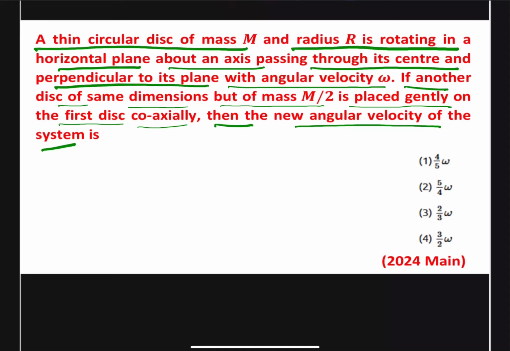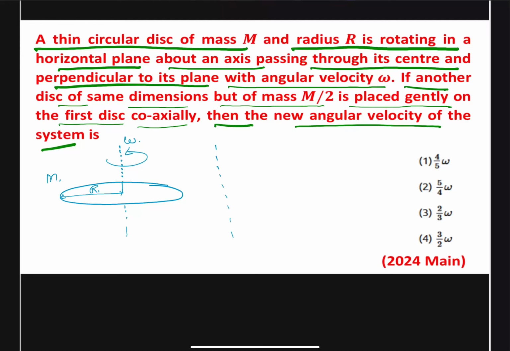So we have a thin disk whose mass is capital M, and it is rotating about the axis which is passing through the center, and the radius is given as capital R. So this is its radius and it is rotating, suppose, in this direction, and the value of angular velocity is said to be omega.